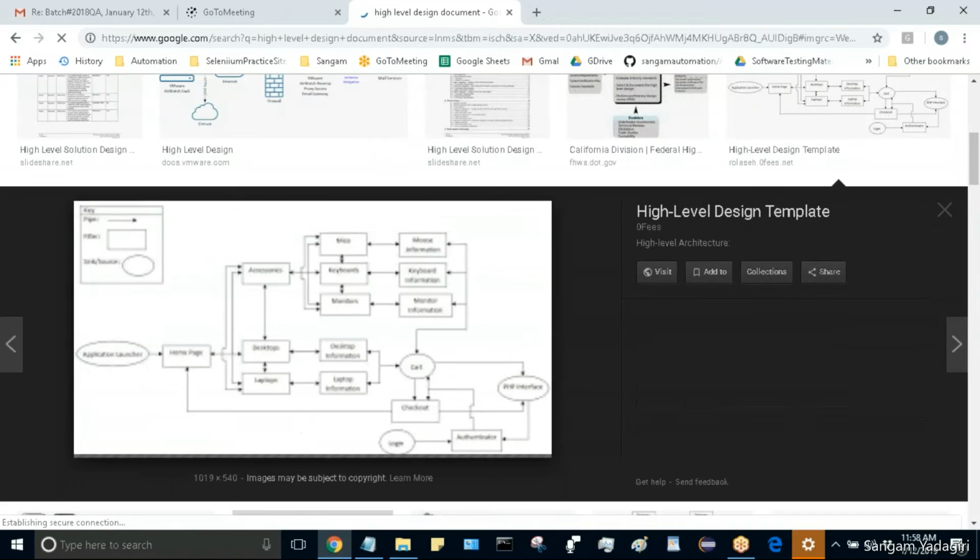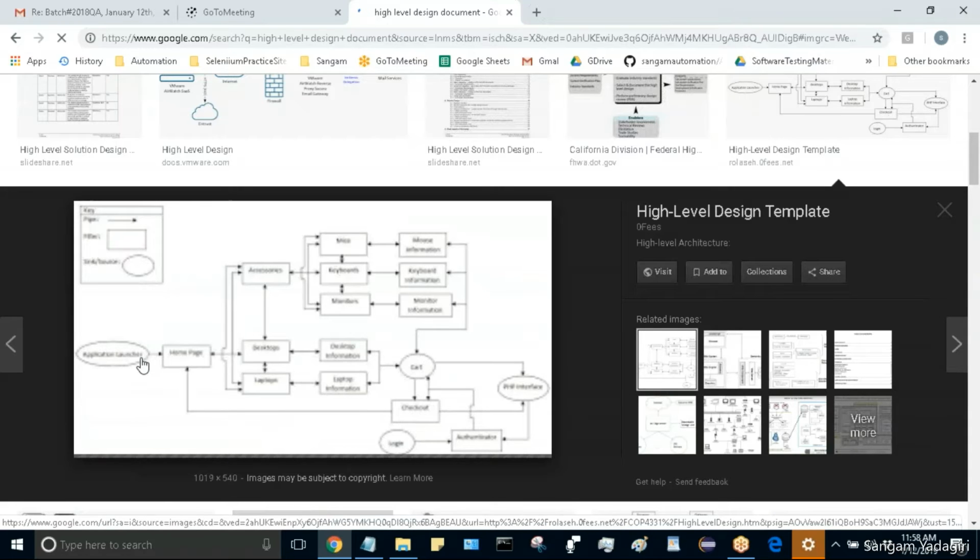So this is how the high level design looks like. This doesn't specify the internal structure, but just specifies what the outer structure is, how it looks like and everything.